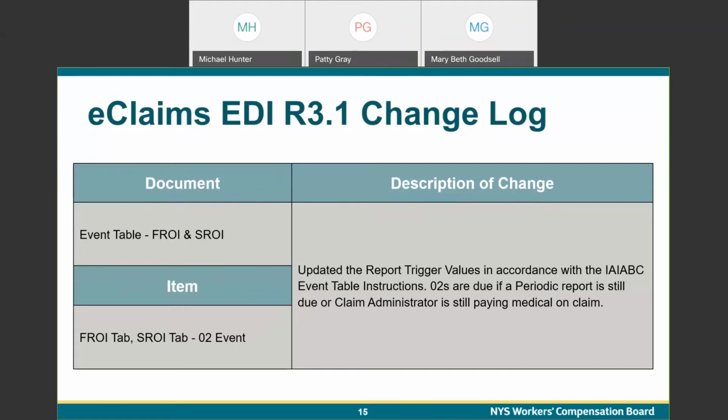We have them listed on our element requirement table as reportable change code Y, which means it's a required change for the FROI. So if you're paying medical, we want to make sure that the board is aware of the employee's current address because we are processing that if a drug formulary or an MTG request does come in.